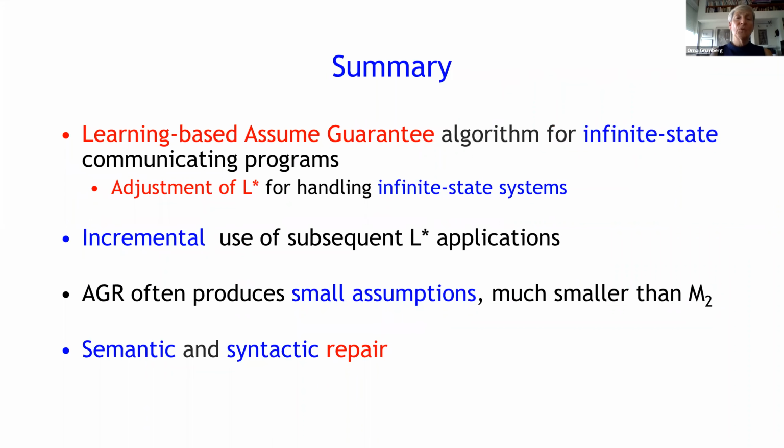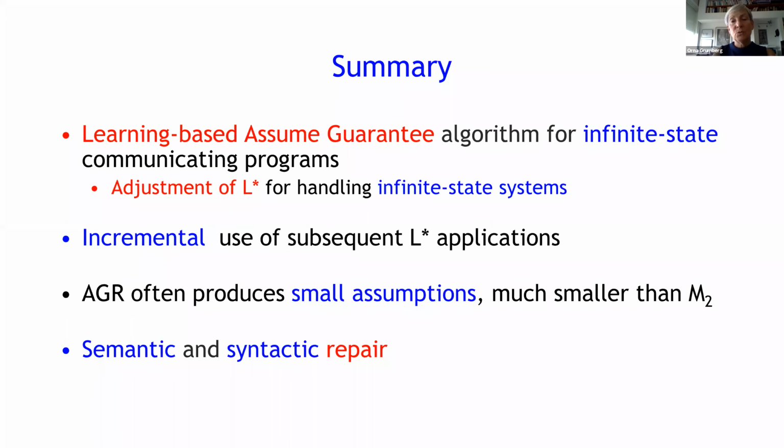So just to summarize this part, we suggested a learning-based assume guarantee algorithm for infinite state communicating programs, where we have to adjust the L star for handling infinite state systems. Since we were using L star several times because of the iteration between repair and the assume guarantee, we made L star incremental.